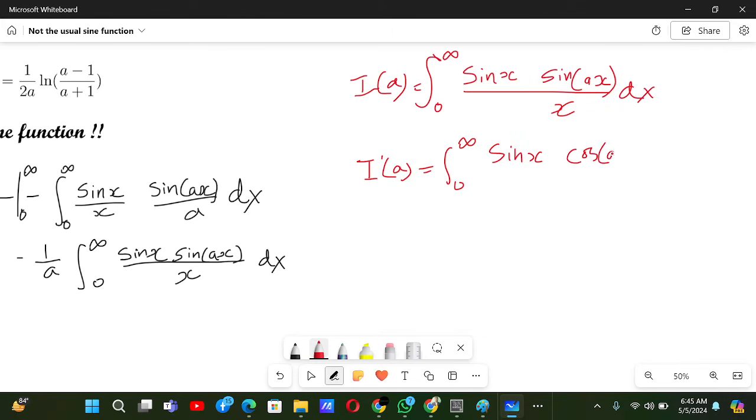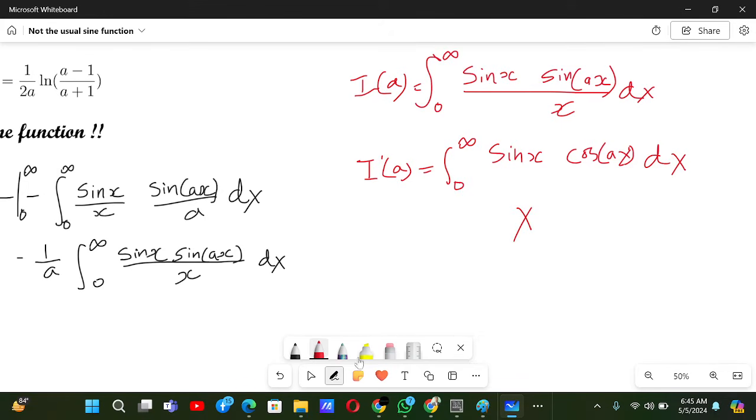But after this step, we'll again get into trouble, because we can use the product to sum of trigonometric functions, but when integrating, the limit of infinity will make the calculation difficult, and we will not be able to evaluate those functions. So this approach clearly fails.